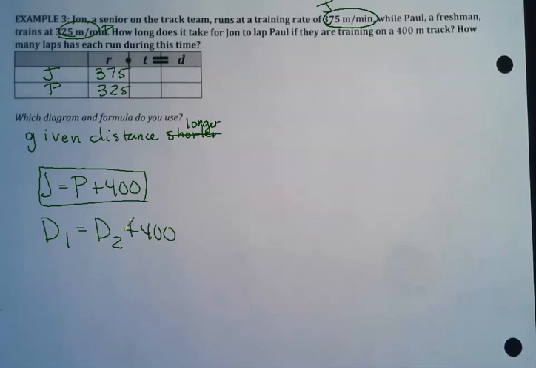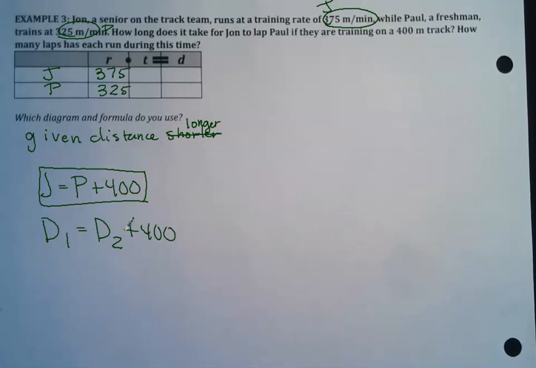Can we use a variable for the time? Okay, so think about the time. Do they run for the same amount of time? Yes. Okay, I hear two confident yeses.